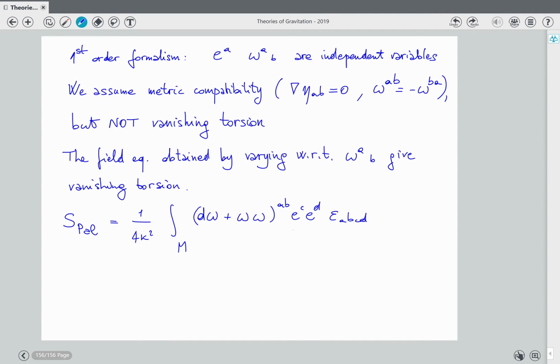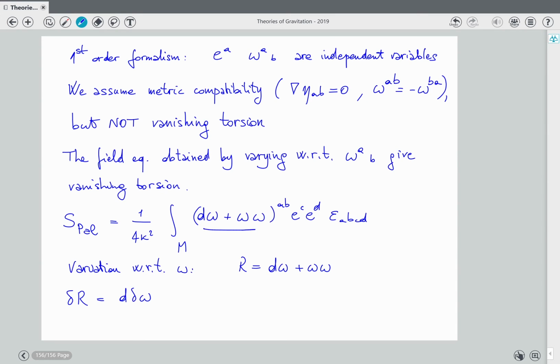So let's start from the variation with respect to omega. Let me write here the variation of the curvature itself, because that's all we need, and because that's particularly simple. The variation, well, first the variation commutes with the exterior derivative.